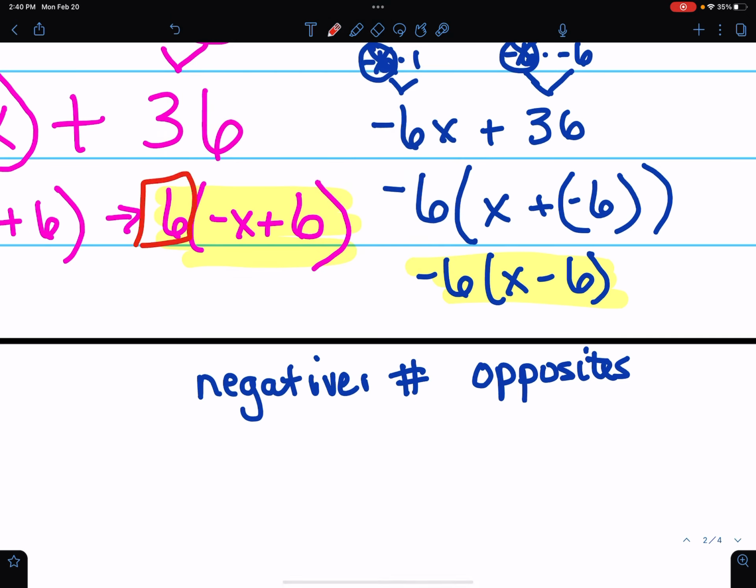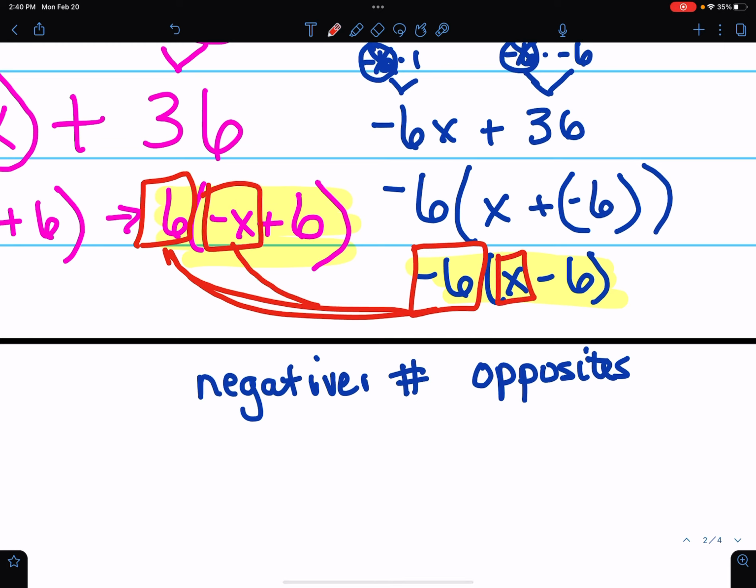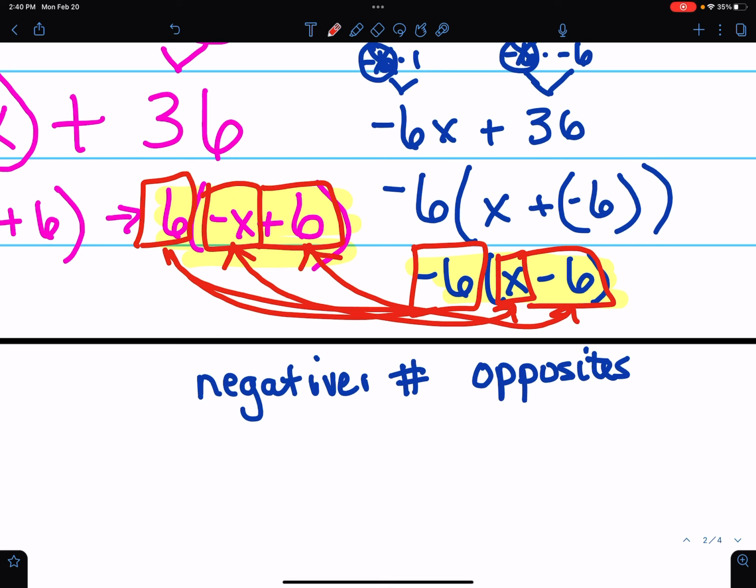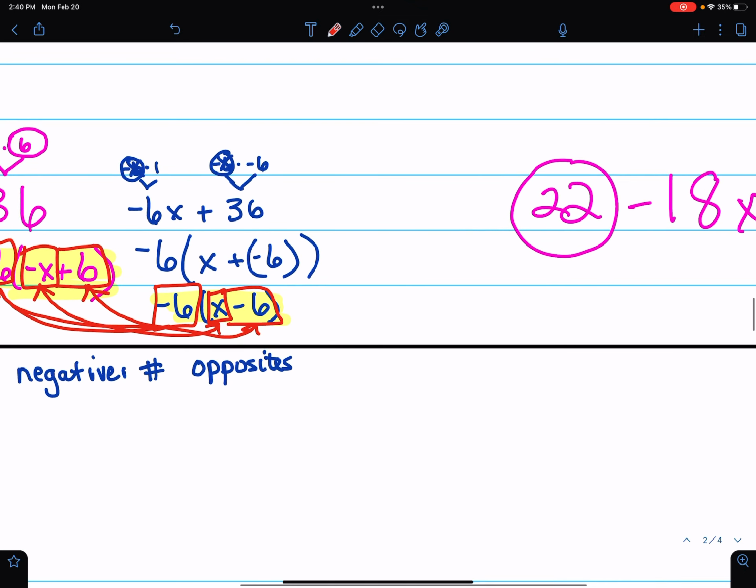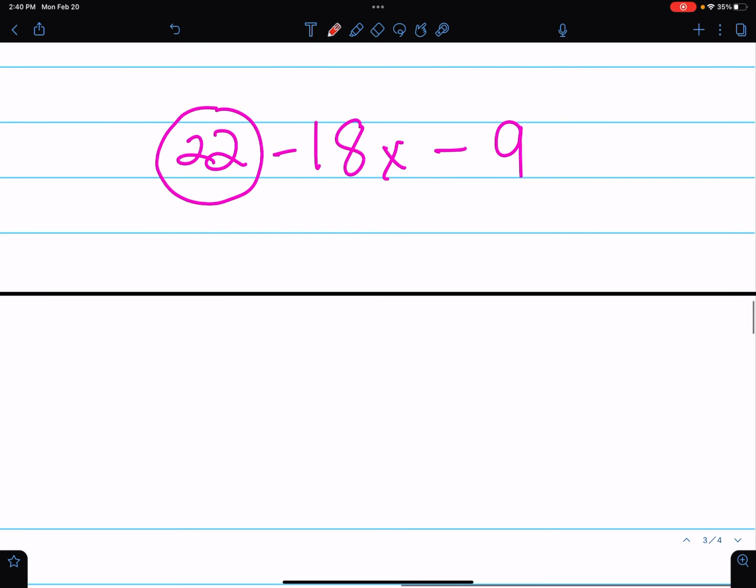What is the opposite of +6? They go together. They're -6. What is the opposite of -x? Again, they're opposites, so they work. What is the opposite of +6? -6. So that is why both ways work, because you just made the opposite of every single number in there. Higher level thinking, deeper understanding, just something to think about.